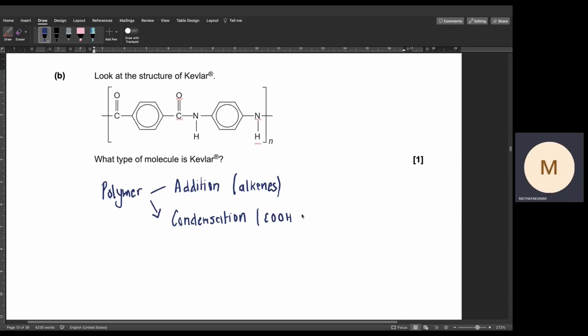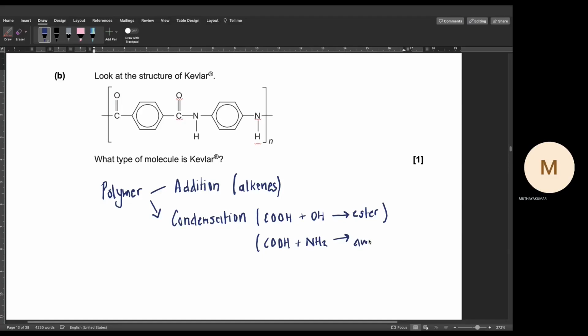Either the carboxylic acid and alcohol, which will go on to producing an ester link, and therefore polyesters, or we're looking at carboxylic acids and amine groups, which go on to producing an amide link, and therefore polyamide.